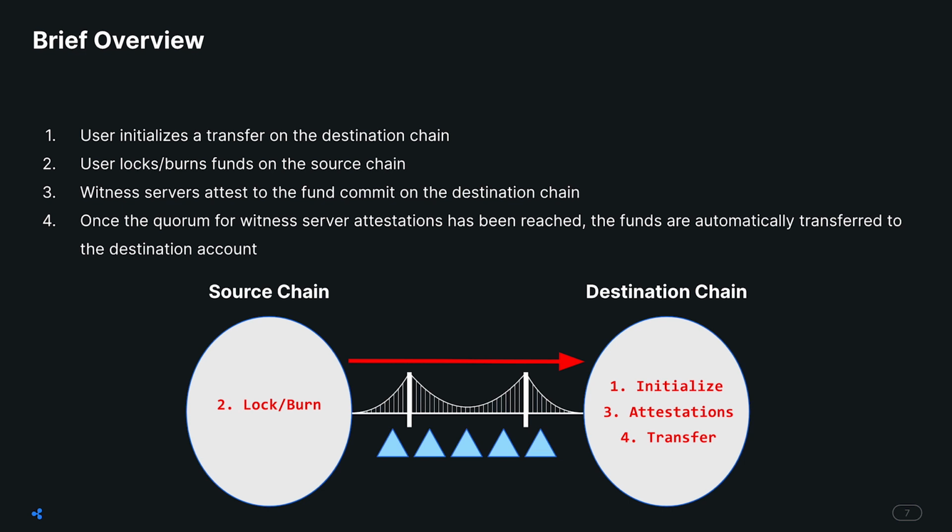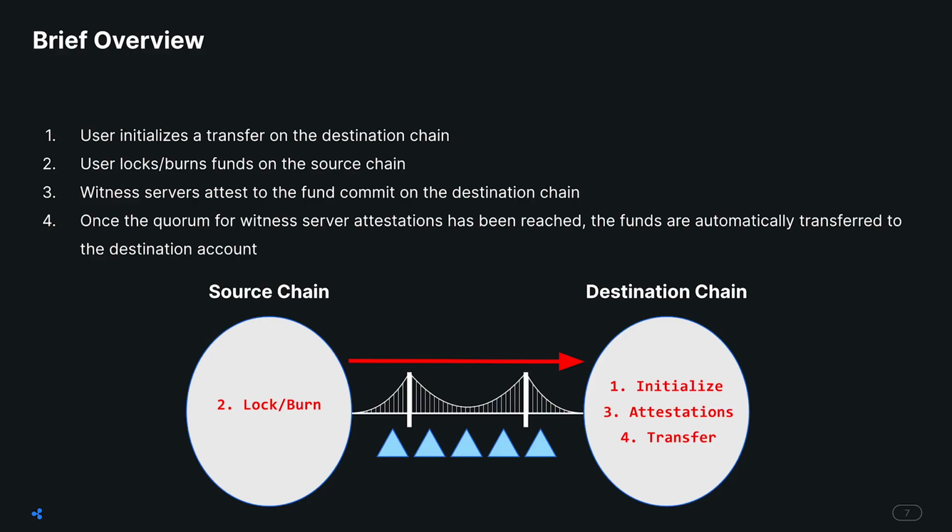The witness server is the only piece of this puzzle that actually knows what these two parts are. And so it's essentially acting as an oracle on one chain to explain what's going on on the other chain. So when you lock your funds on the source chain, the witness servers are alerted, and they can tell the destination chain that, yes, indeed, I locked my funds on the source chain, and I can get the equivalent asset on the destination chain.